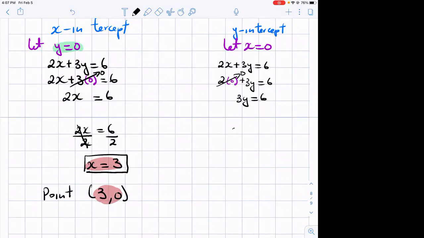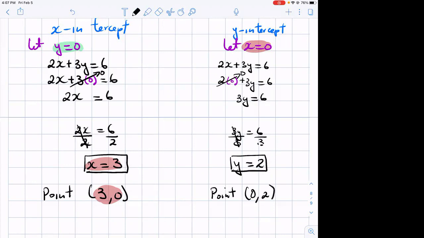We can now divide both sides by 3, and hence we have y is equal to 2. And before you do anything, write the point. The point here is, remember, you choose x to be 0. So the point is (0, 2). Here is your point.